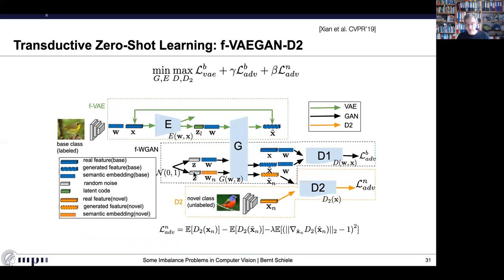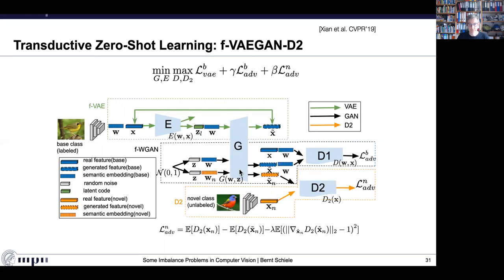Well, we are adding another branch down here, where for the novel classes we can take the images. We don't have the labels, but we can take the images and calculate the respective features. Now we have an unconditional discriminator that looks at those features and the features I'm getting out of my generator. And again, this discriminator should not be able to discriminate those two. Again, there's an additional signal for the generator to improve its generation of image features.